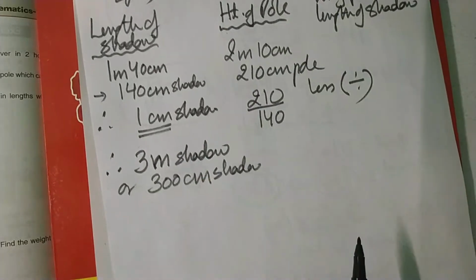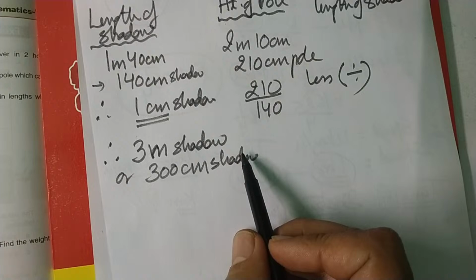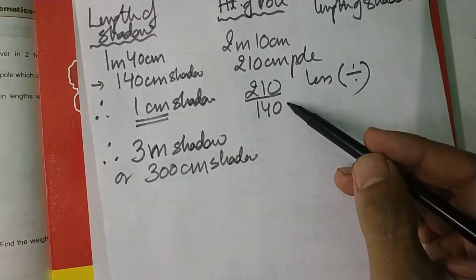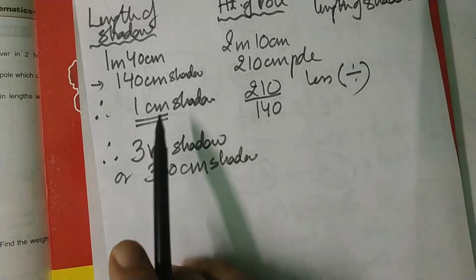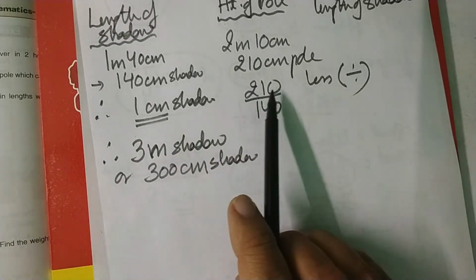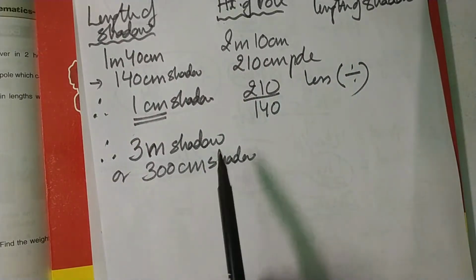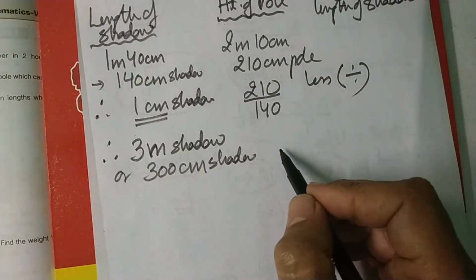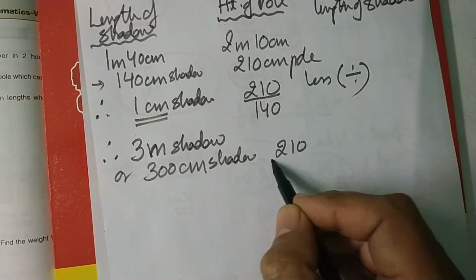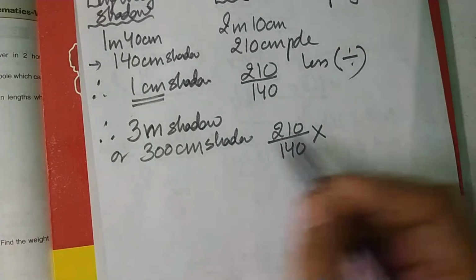Therefore, will a 300 centimeter shadow be made by a longer pole or a shorter pole? If the shadow is small, then the pole also is small. If the shadow is big, then the pole also should be big. So therefore, it will multiply. So 210 upon 140 multiplied by 300.